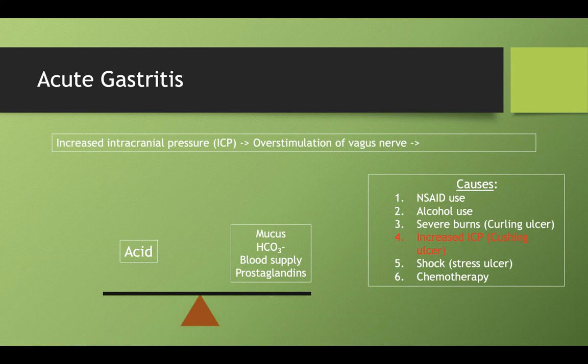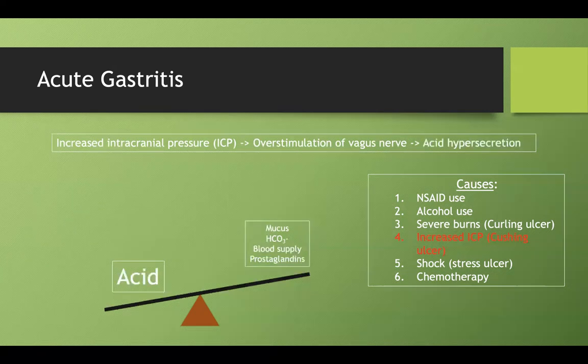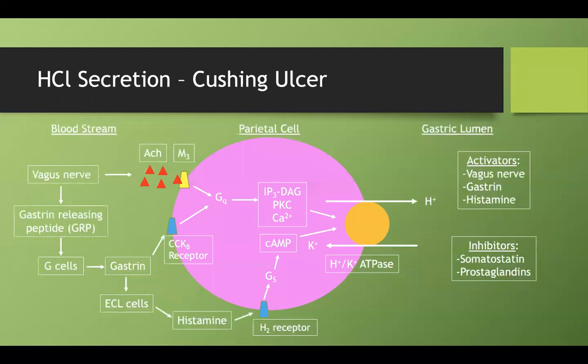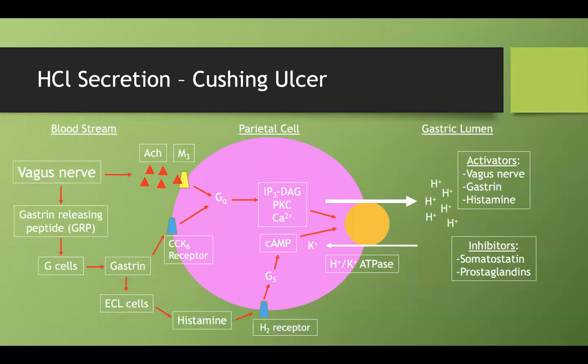So if you're overstimulating that vagus nerve, you can get a ton of acid production, and you'll get acid hypersecretion and acute gastritis. And a mnemonic you'll see, I think First Aid has it and a few others, is always cushion your brain, to remind you Cushing ulcers are associated with increased ICP. And here we go. Here's a Cushing ulcer. If you imagine your vagus nerve gets big, all these pathways can get huge.